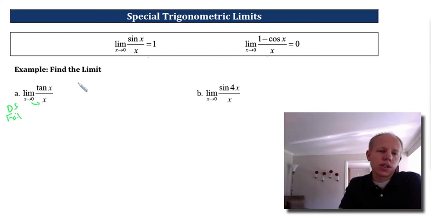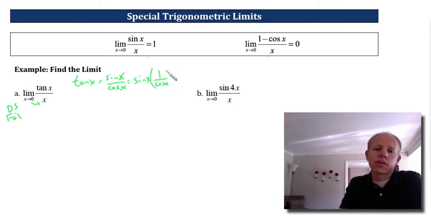So we're going to try to change our tangent into sines and cosines. Recall that the tangent of x is the same thing as sine of x over cosine of x. And we could actually rewrite this as sine of x times 1 over cosine x. And that's the same thing as tangent x.